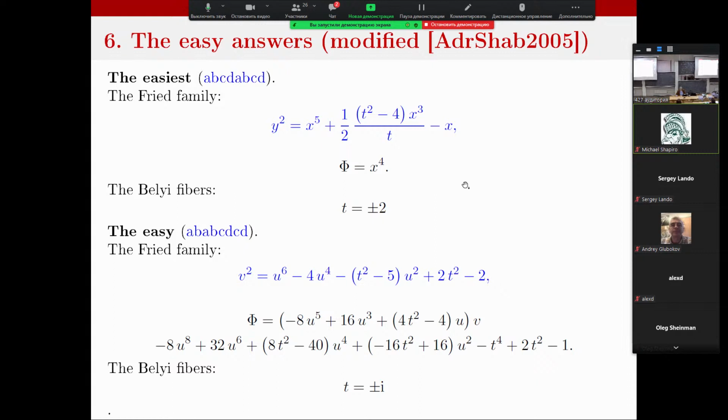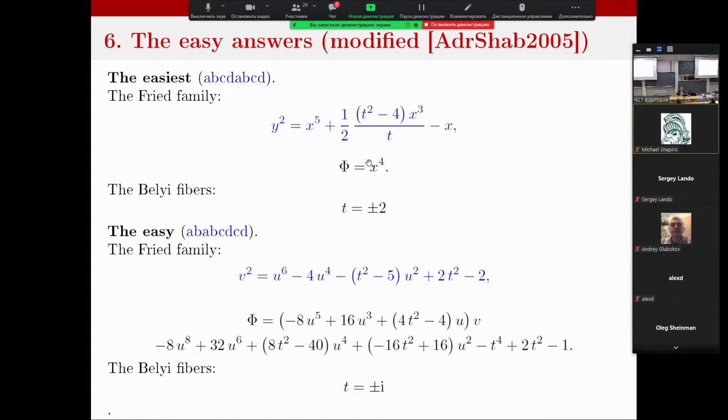What you see now is a bit modified result from the speaker's papers of 05. So we put the answer in the form corresponding to the subject of today's talk. It means that we find the appropriate Fried family and find the parameters where 2 critical values collide in the desired form.